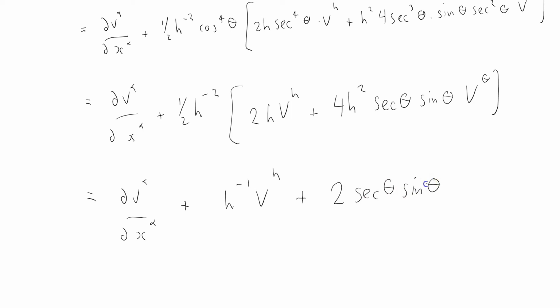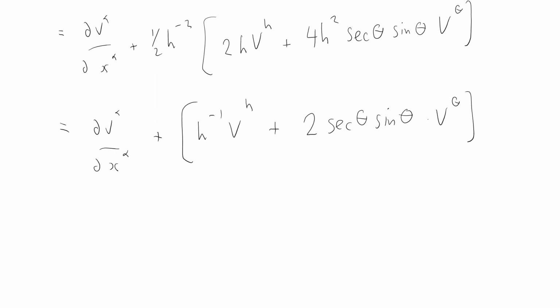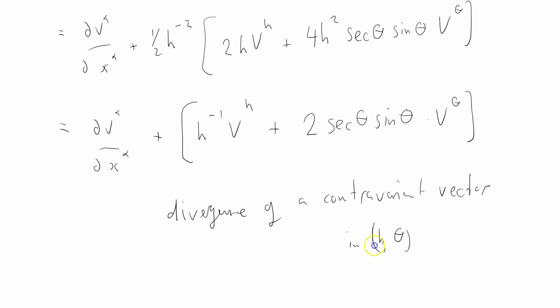I guess I could write that as tan θ times v^θ. Okay, so there it is. That is the expression for the divergence of a contravariant vector in h θ coords.